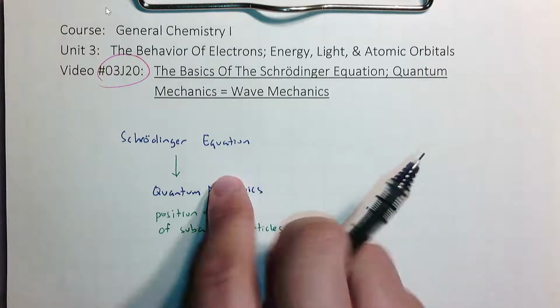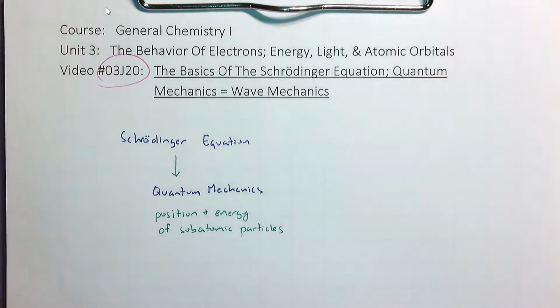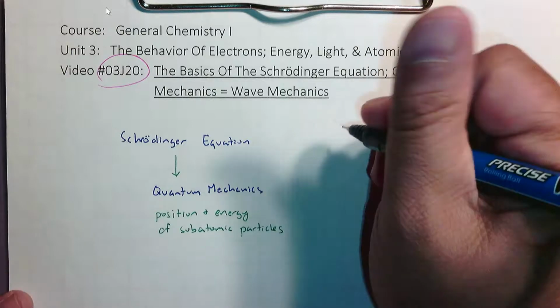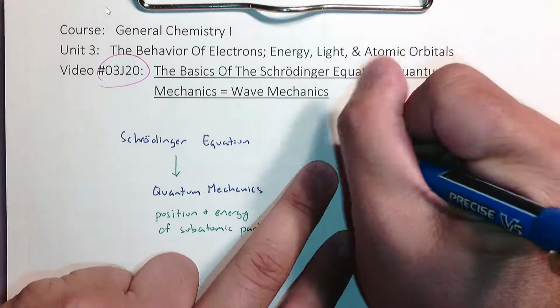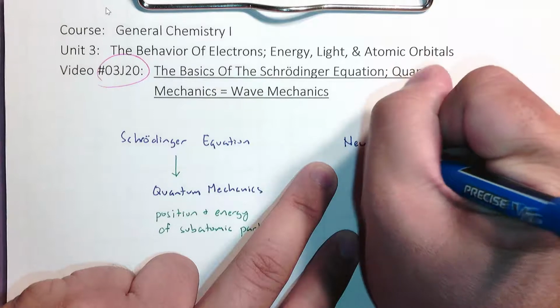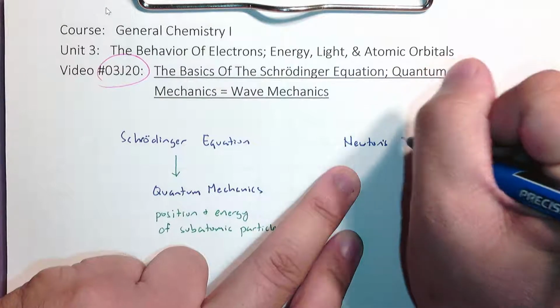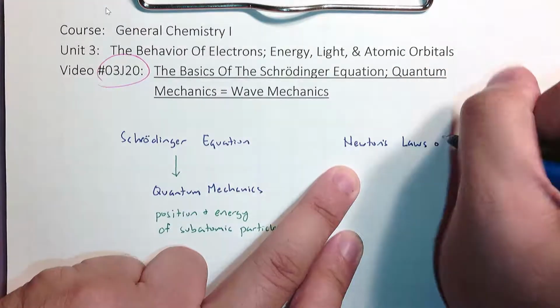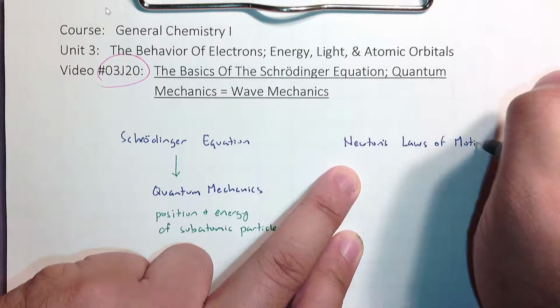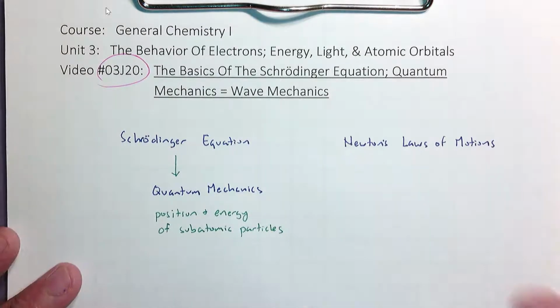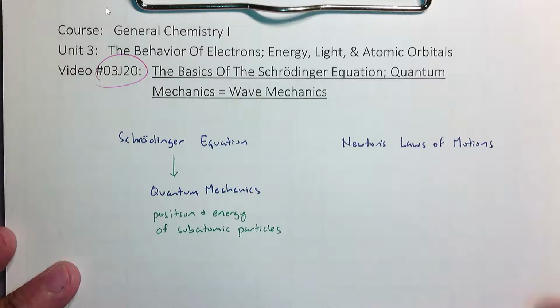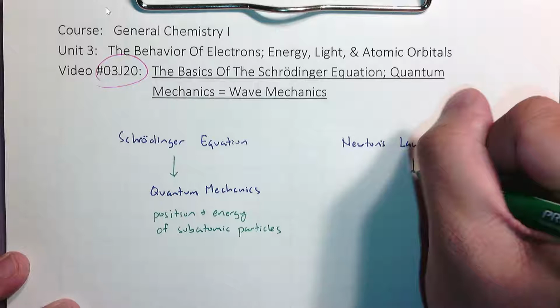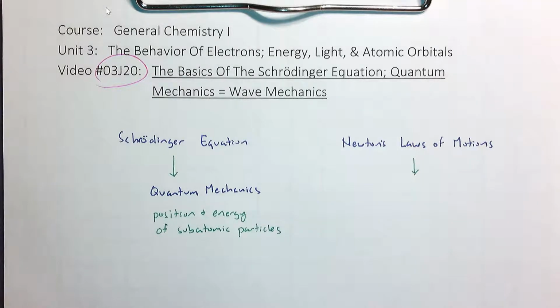We could think of the Schrodinger equation as maybe analogous to Newton's laws of motion. And how his laws described what? The movement, energy, and position of macroscopic objects that we can see.